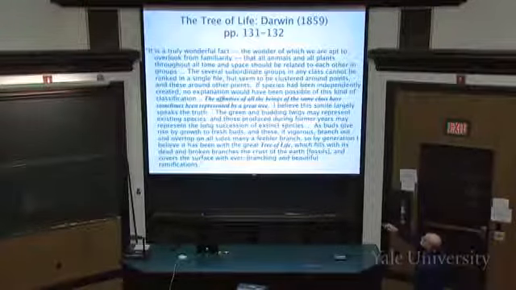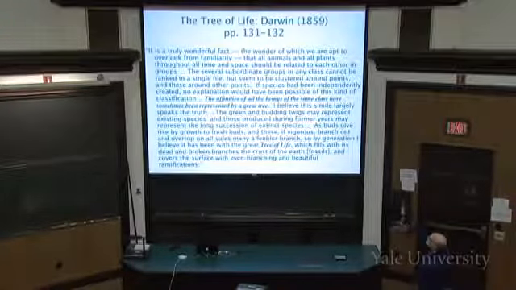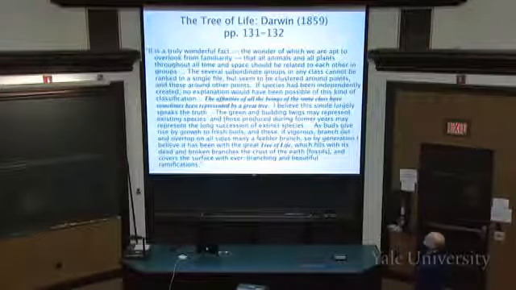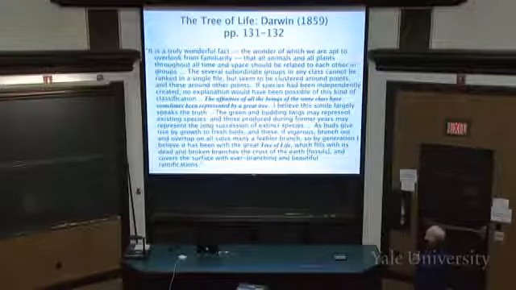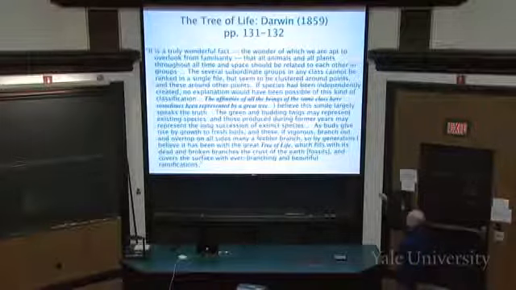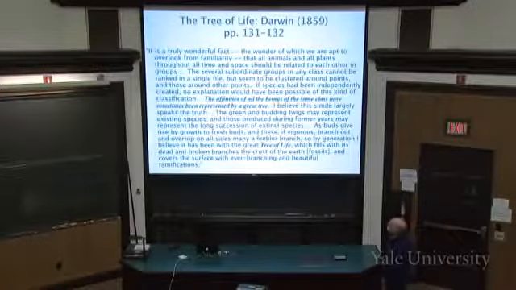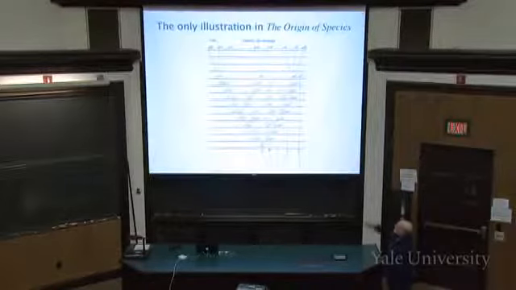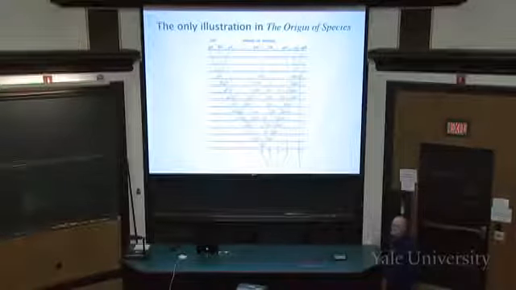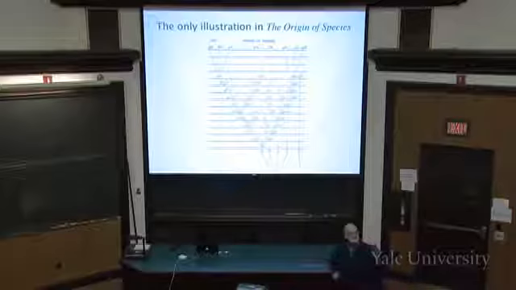He said, the affinities of all the beings of the same class have sometimes been represented by a great tree. I believe this simile is largely the truth. So in this beautiful Victorian prose, Darwin rhapsodizes a bit about the tree of life, and it was the only picture he had in his book. Okay, so he thought it was real important.